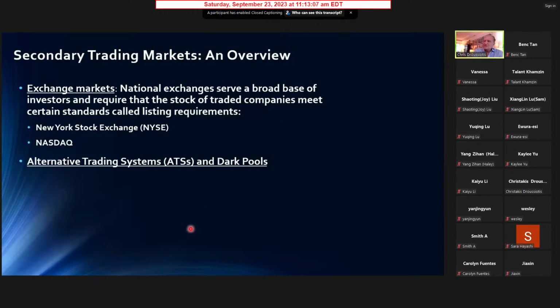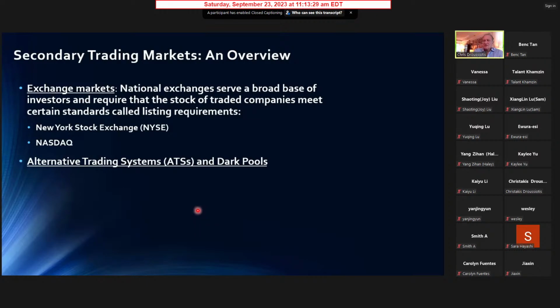Once the company raises the money, these stock certificates, if you will, the stock that you're holding, you can sell to someone else. And that's called the secondary market, when one investor sells to another investor. And to do it, you have to go through the exchange markets.